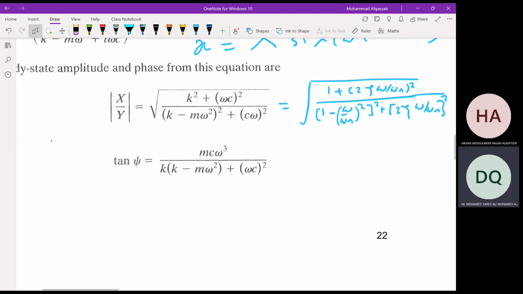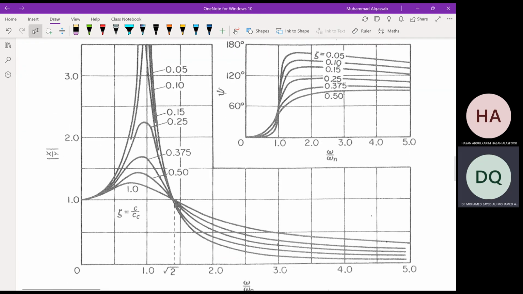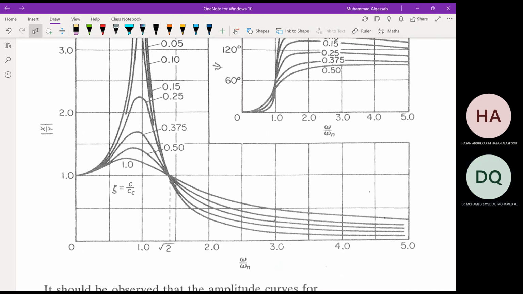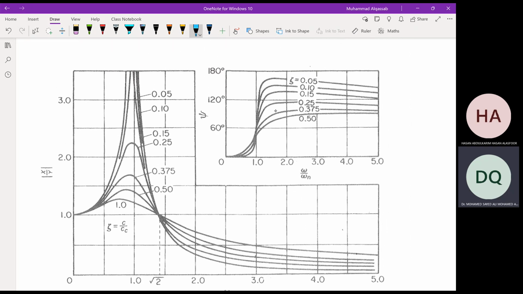Okay, so let's see the plot of X over Y and psi. This is X over Y versus the frequency ratio for different values of zeta. Here it is shown with zeta equal to 0.05, 0.1, 0.15, 0.25, and so on.